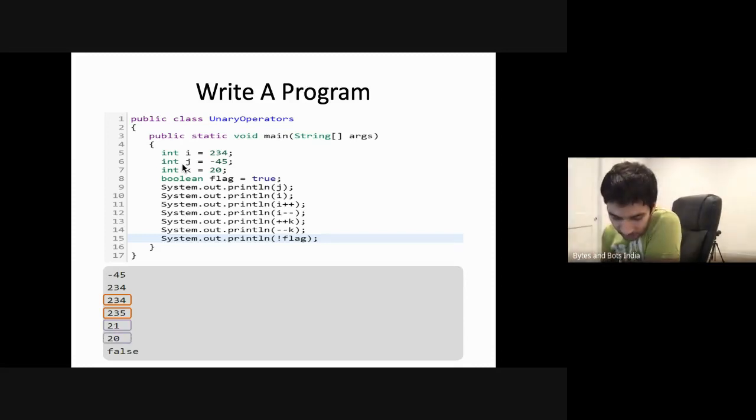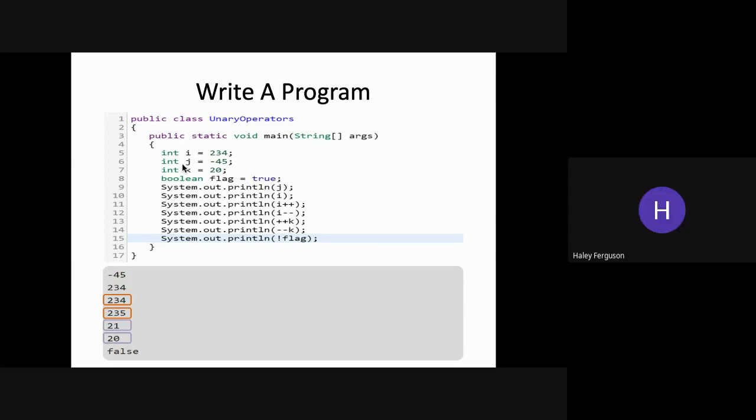Next, let me pick a name. Hallie, do you want to take a guess? Why do we have 20 here at line 14? You have 20 because you did minus minus k, and that's decrementing. Actually, I don't know, because technically it would be 19, but it's not.